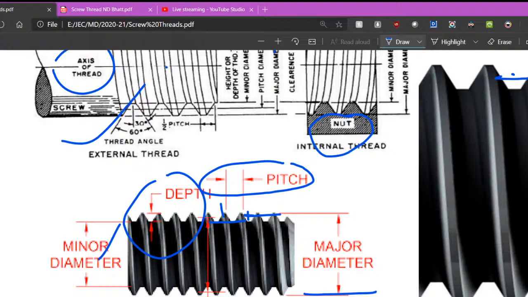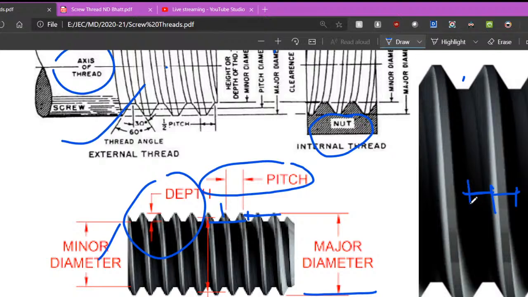So here, when this is your groove width, and from here this one is your thread width.